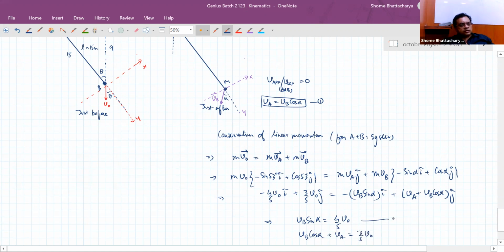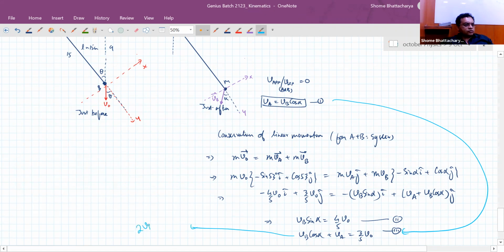So you get equation 2 and equation 3 like this. And further you can see that vB cos alpha is equal to vA only. So if we substitute this here, this equation now tells us that 2 times vA is equal to 3 by 5 v naught.